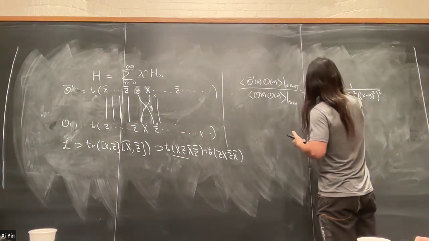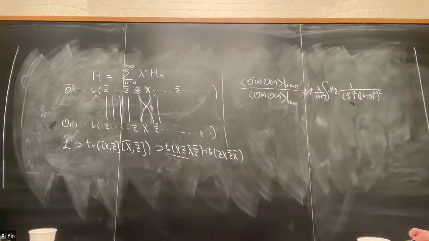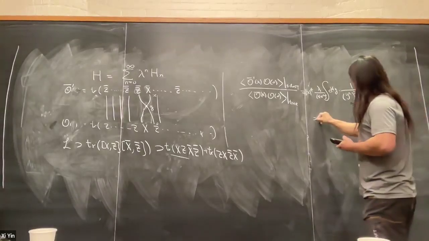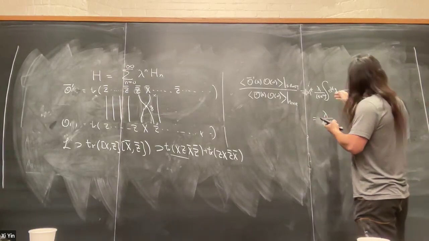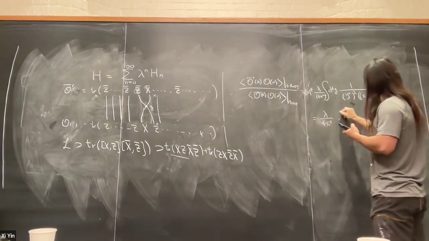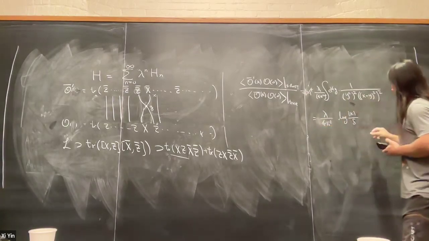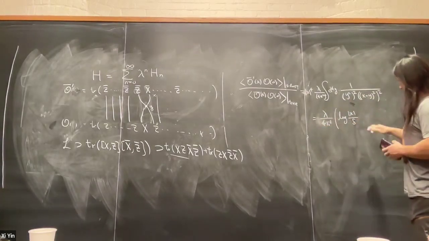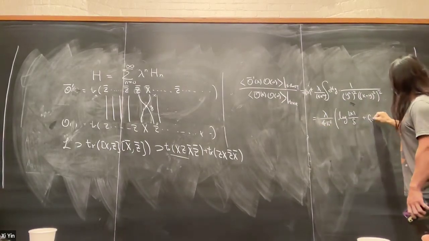And then there's some overall factor of x to the 4th because of the way I normalize this. And this, of course, is logarithmically divergent, so that's what you want. The result is lambda over 4 pi squared. So 1 over 4 pi squared gets canceled when you do the integral. You get the log of x over delta. I'm using a point splitting scheme, but it's not too important for some finite piece.